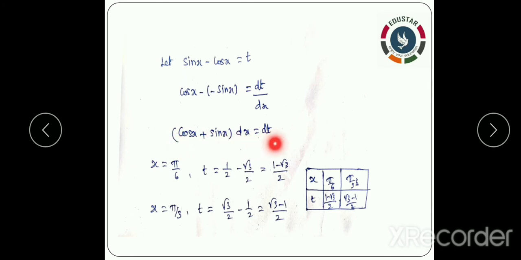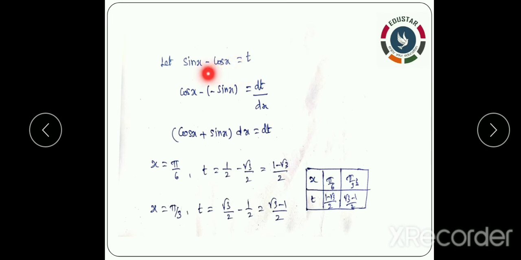Then we can change the limit values. When x = 5π/6, t = sin 5π/6 minus cos 5π/6. Replacing those values, t = 1/2 minus root 3 by 2, which we can reduce to (1 minus root 3)/2. When x = 5π/3, t = sin 5π/3 minus cos 5π/3.